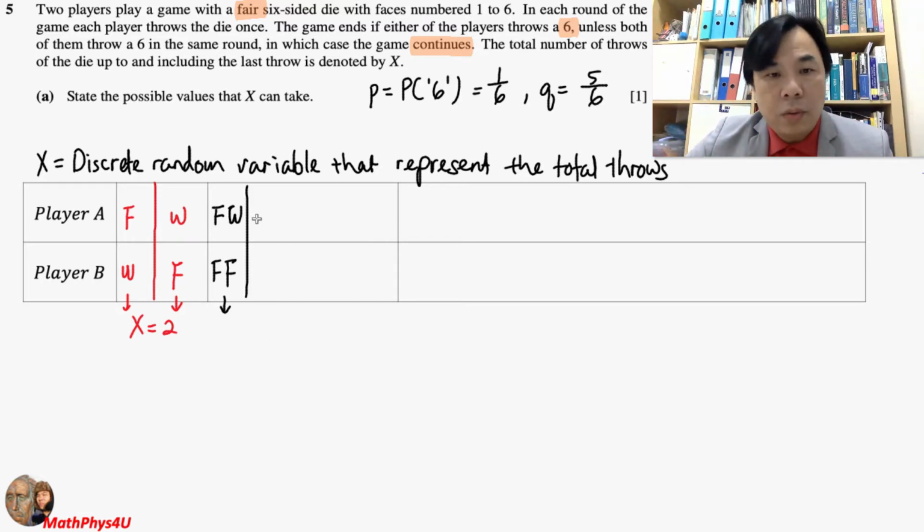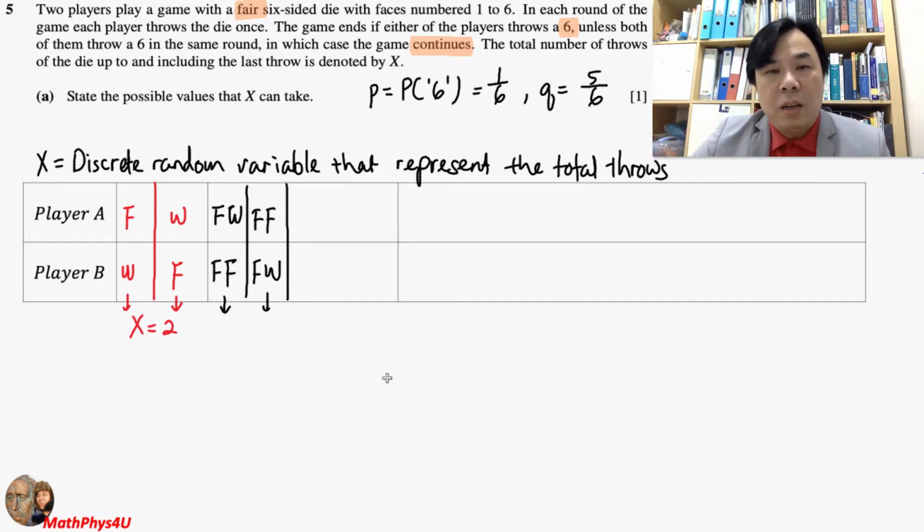Yes, of course, in this case we could have the first player fail to get a 6, and the second player also fail initially, then they proceed on to the second round, whereby in the second round the second player wins the game, and then in this round itself we have a winner. That is the second possibility.